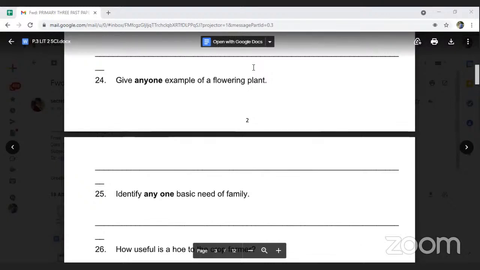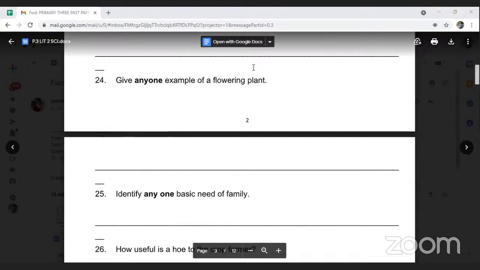Examples. Come again. Ground nuts. Correct. Beans. Correct. Those are the only ones I know. Mango plant, orange plant, cassava plant, jackfruit plant, avocado plant, and many, many others.